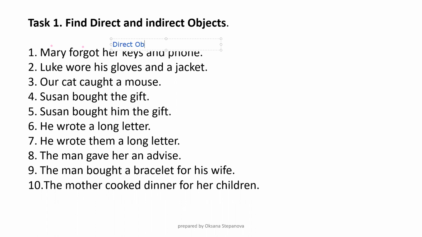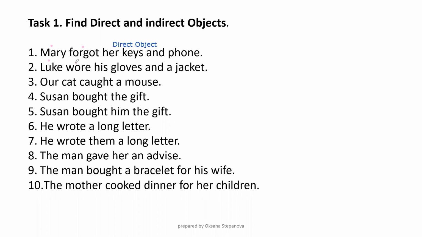So we have simply a direct object here. Her keys and phone, this is a noun phrase, two nouns, a direct object altogether. Mary forgot her keys and phone. Now let's look at the next one. Luke is the subject. Wore his gloves and a jacket.